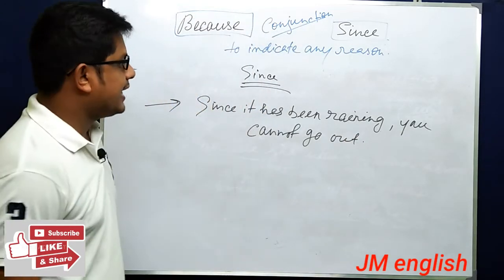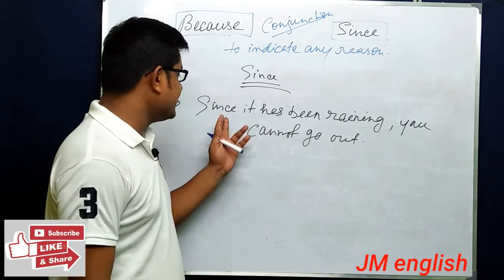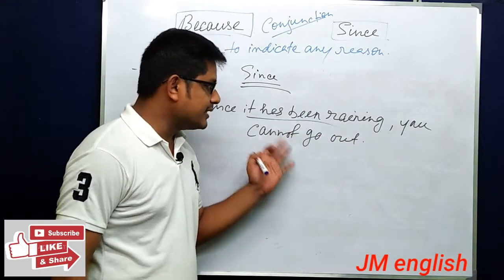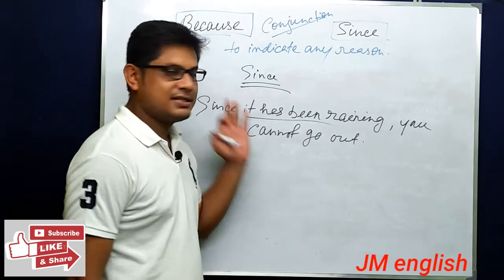Okay, since it has been raining, you cannot go out. See, in this sentence, the reason is it has been raining, and this reason is very well known to the person you are speaking to. Okay, so you can use since.